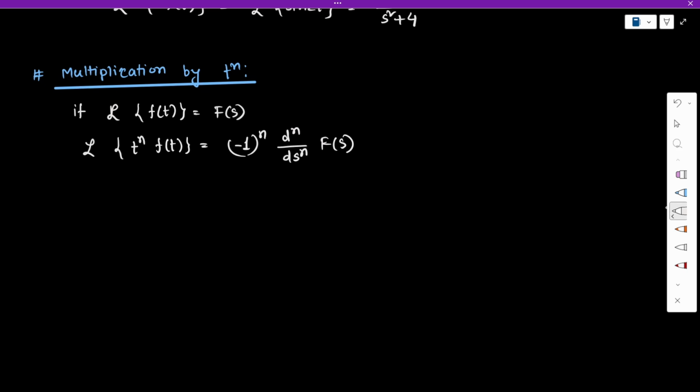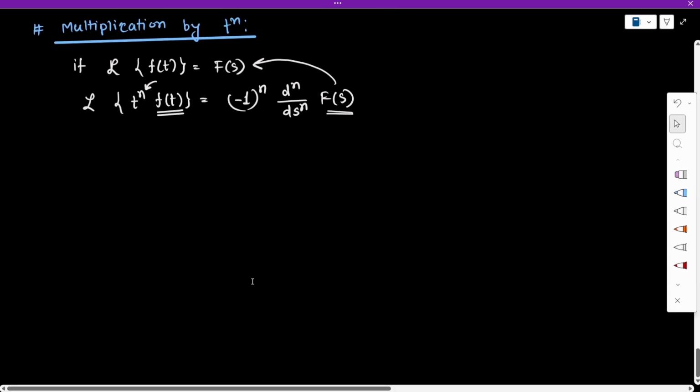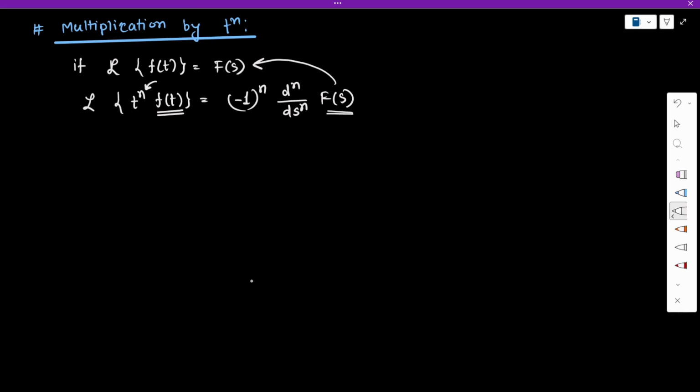So we have to multiply by negative 1 whole to the power n, and find the nth derivative of F of s, n being the power of t here. What is F of s? F of s is the Laplace transform of the original function, the function that has been given here. So let's prove this theorem first, and then we are going to try and solve some examples using this theorem.